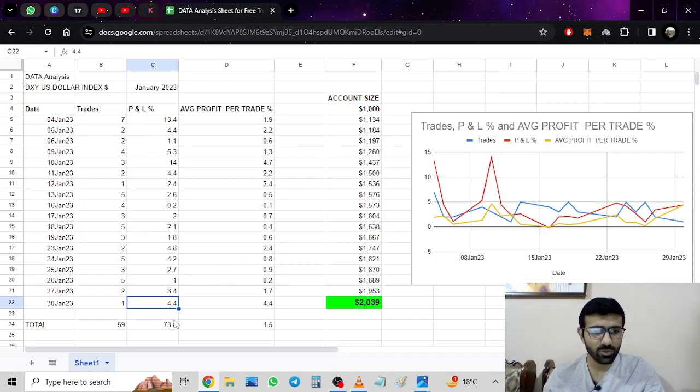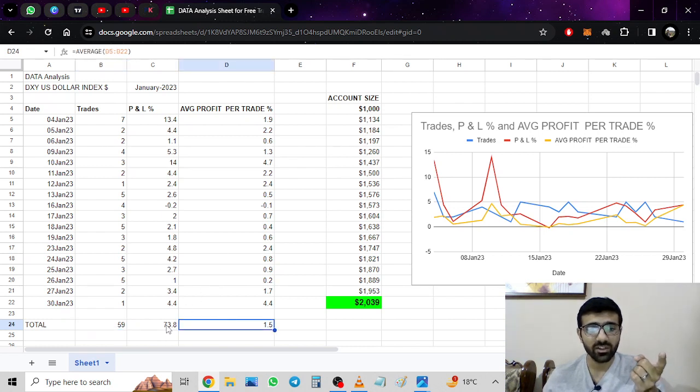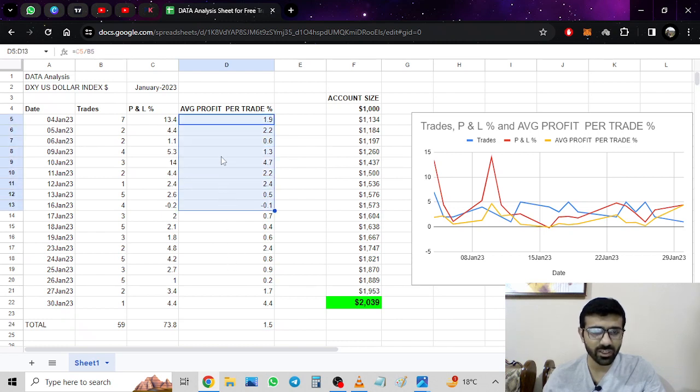Okay, so overall profit was 73.8% in these 18 working days. And average trade, so the total number of trades executed were 59, and the total profit is 73.8. 73.8 divided by 59, or in simple words we can take an average, as we were taking averages daily.